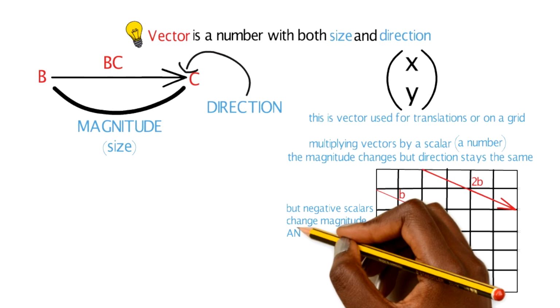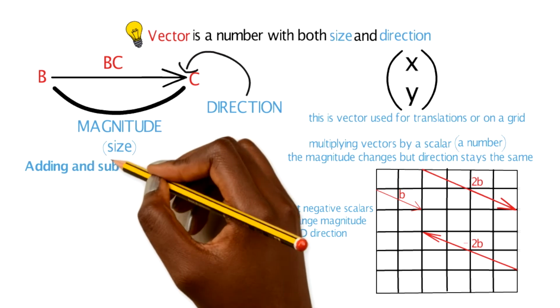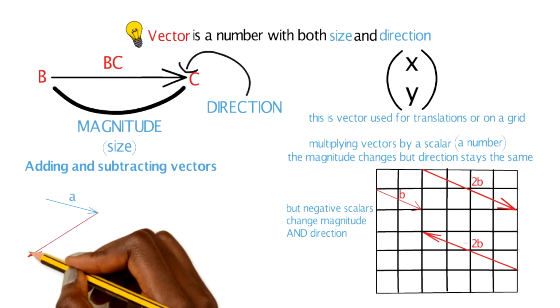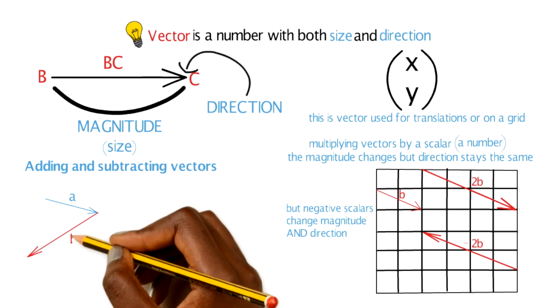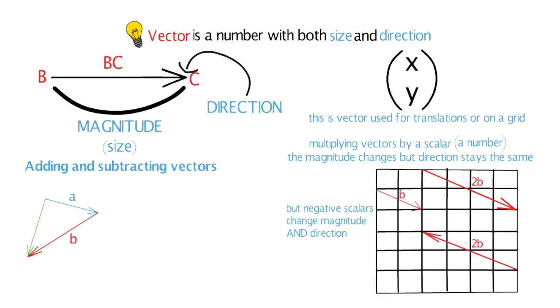But if you have a negative scalar change, then it's going to change the magnitude and the direction. So here we still have the b, but if it's multiplied by -2, notice how the direction and the magnitude have both changed. When it comes to adding and subtracting vectors, for instance, if we have this vector called a, and you also have this vector called b, that arrow down there, the green one, is going to be a plus b because it goes from a and then to b.